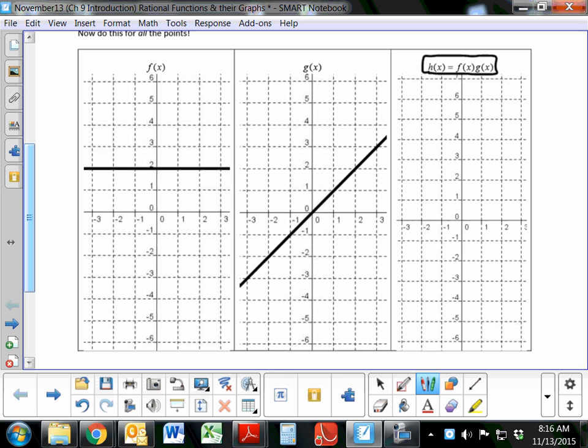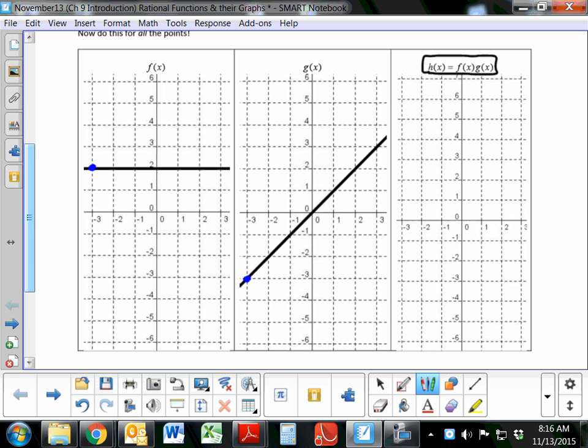So what I want you to do is look above the number negative 3 on the x-axis of the graph that says f, and tell me how high it is. It's 2. Now I want you to look at the G graph at the same x location, negative 3, and tell me how high the line is.